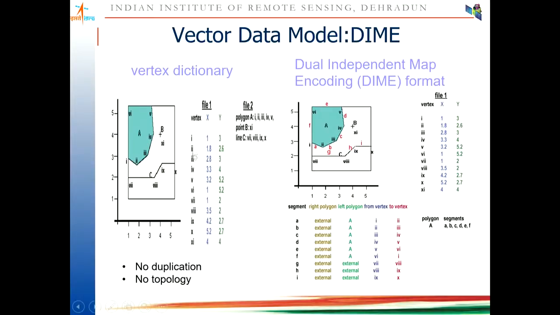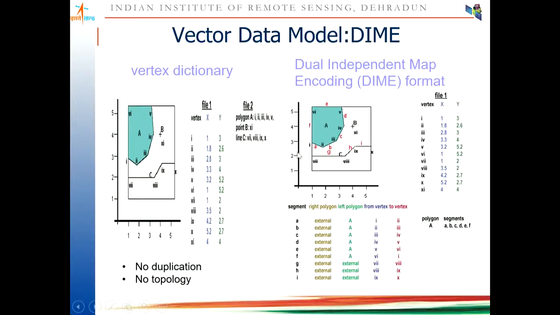As we have seen in the earlier tabular structure, you have a file which consists of vertices, or the point IDs and their corresponding locations. These files just contain all the locations present, and there is a second file which represents the order in which these different vertices are traversed to form a polygon, a point, or a line. That is represented in this case.